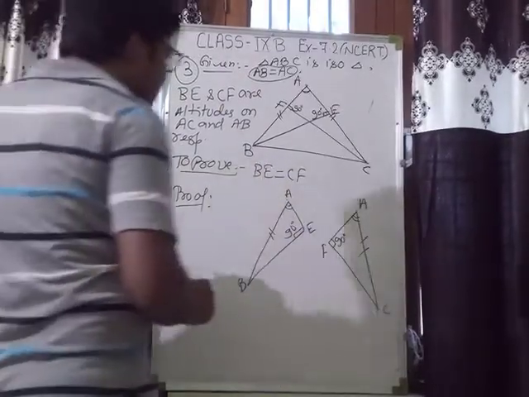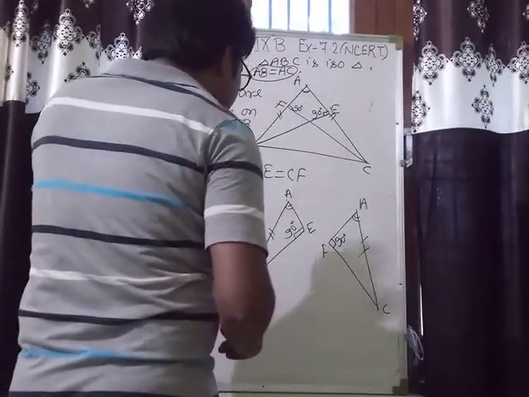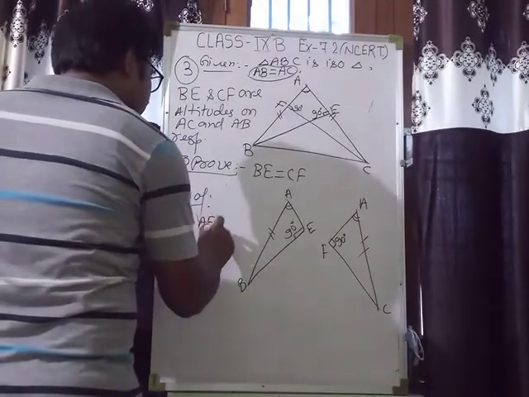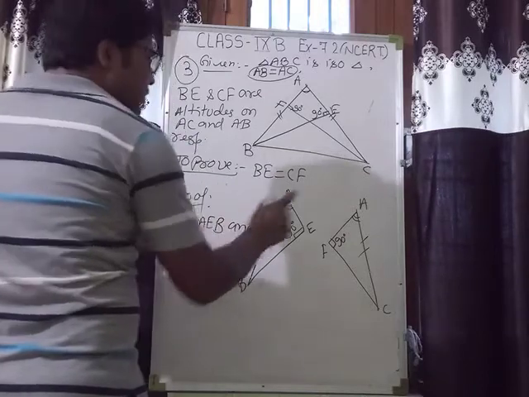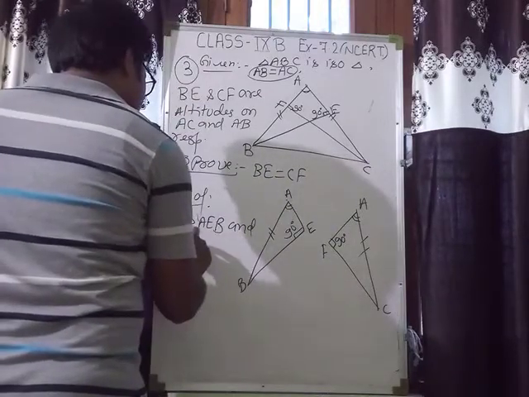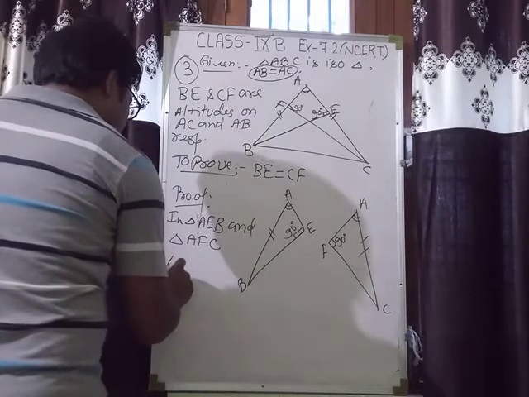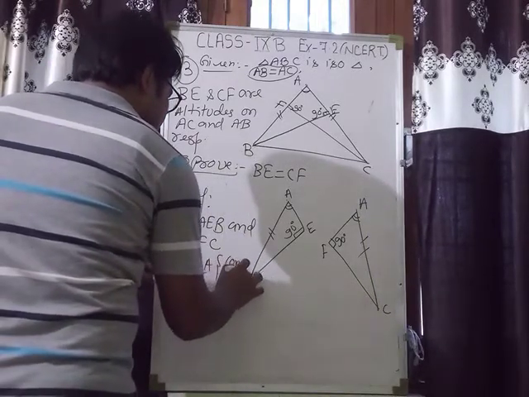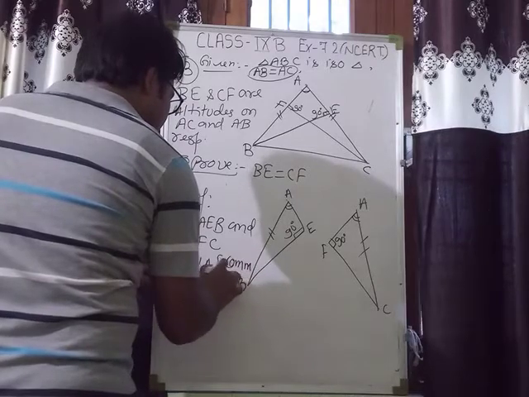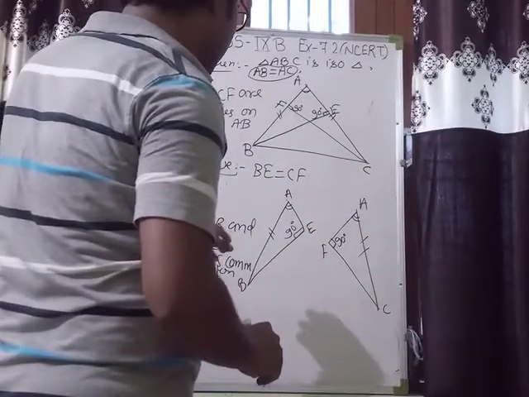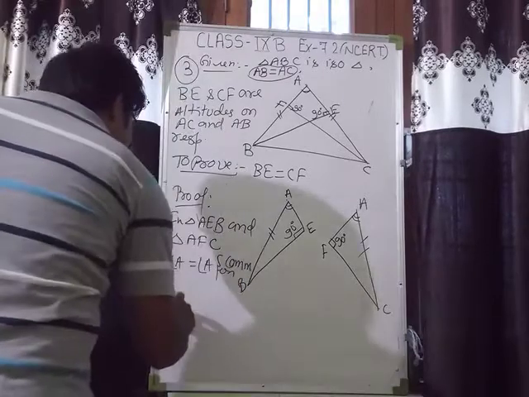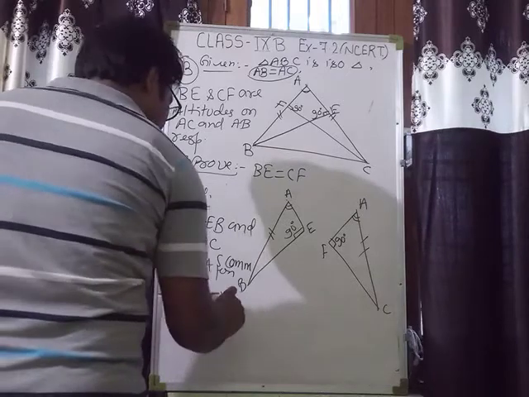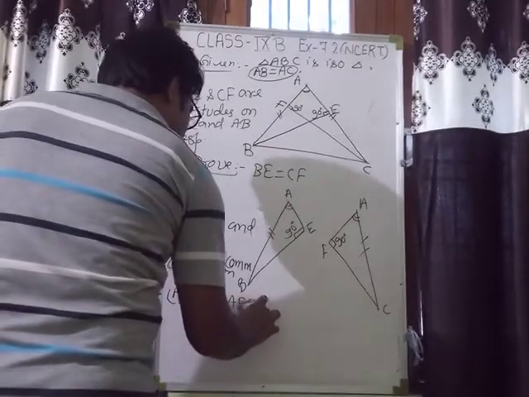So in triangle AEB and triangle AFC, angle A equals angle A, common angle, and angle AEB equals angle AFC, both are 90 degrees.